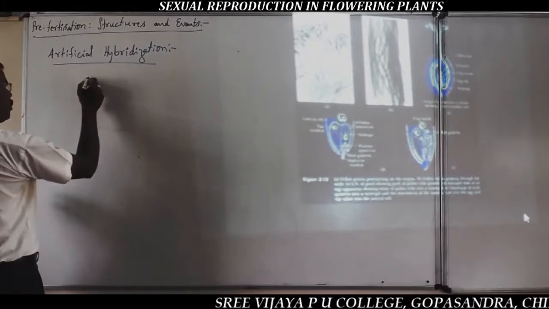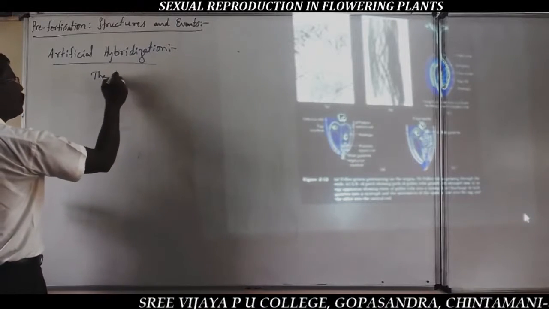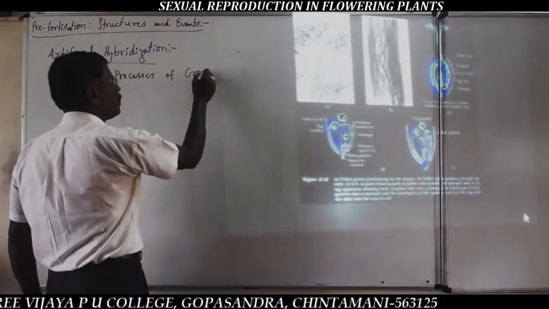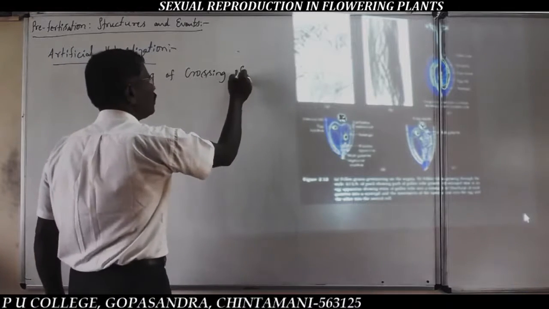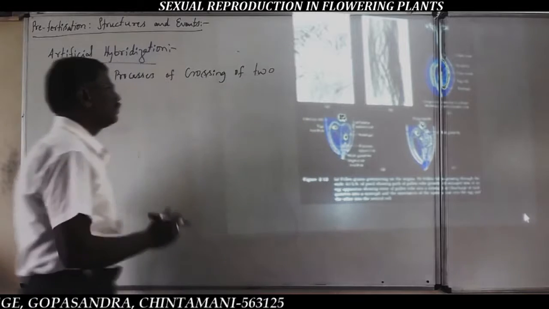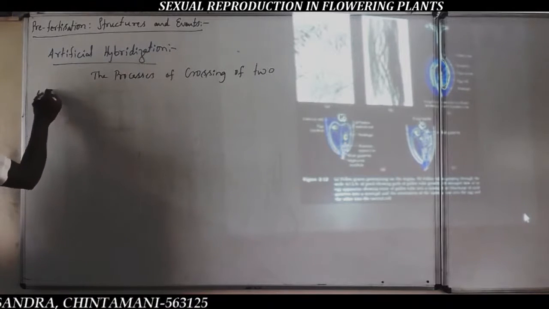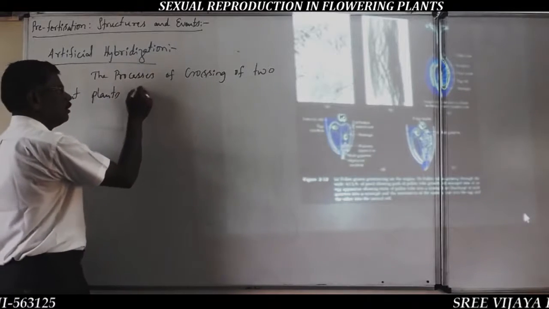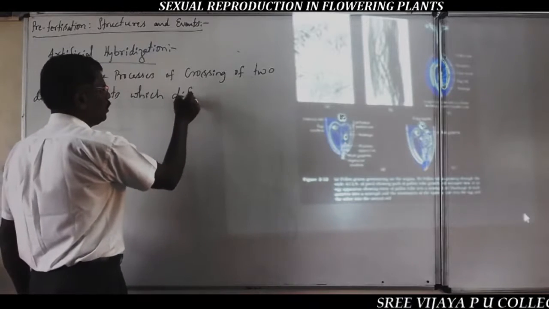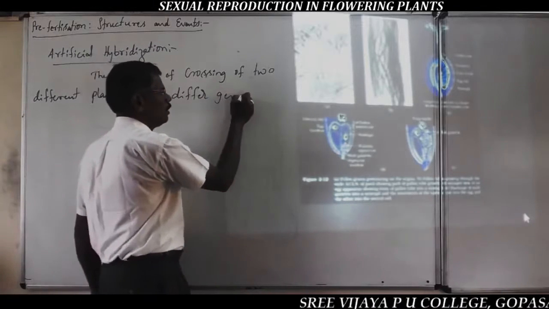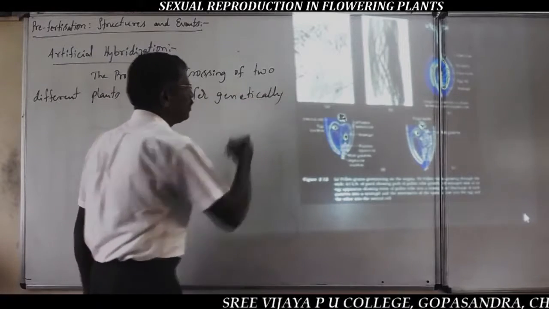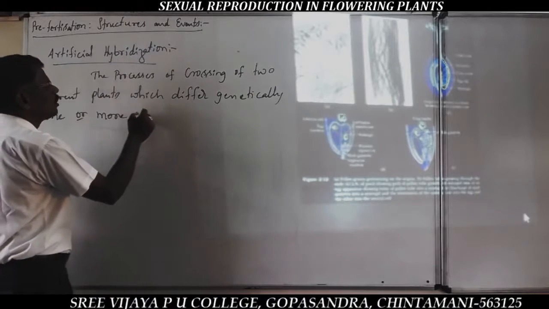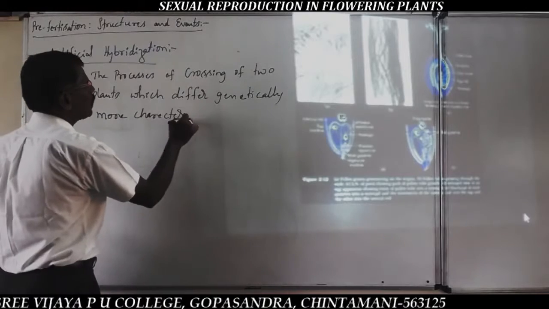Hybridization is the process of crossing two different plants which differ genetically in one or more characters.